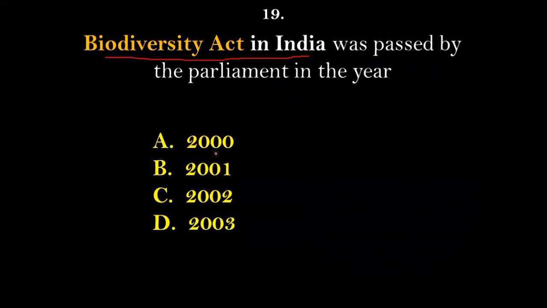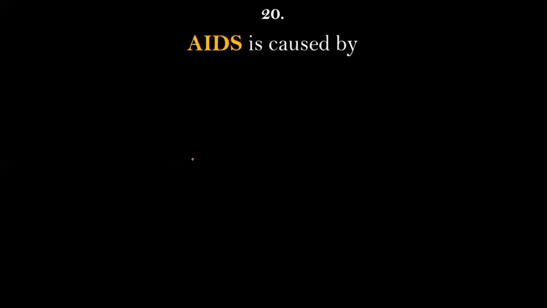So the right answer will be option number C, that is 2002. It was only in the year 2002 that the Parliament of India passed the Biodiversity Act in India.